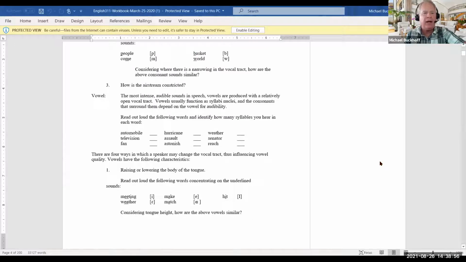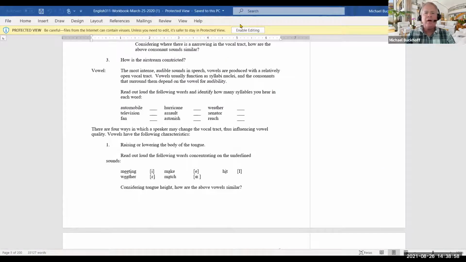Now, on the other hand, if I give a definition of vowels, we have to contrast that. Vowels have a relatively open vocal tract, right? These are the kinds of things you'll be asked in linguistics. This kind of stuff will drive you crazy. I'll say how are consonant and vowel sounds different? Give examples in each to prove your point.